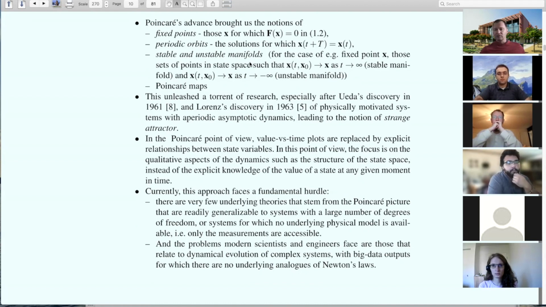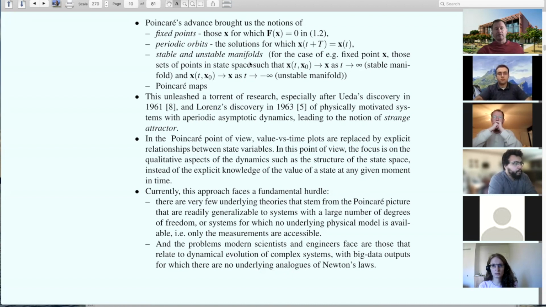It's used a lot in physics, a lot in biology, in systems biology in particular, even in social sciences in the last couple of decades, where people write down differential equations or maybe a discrete-time dynamical system, in order to model the behavior and then study it using the tools that Poincaré's advances brought us.